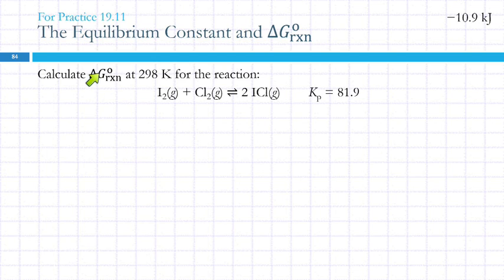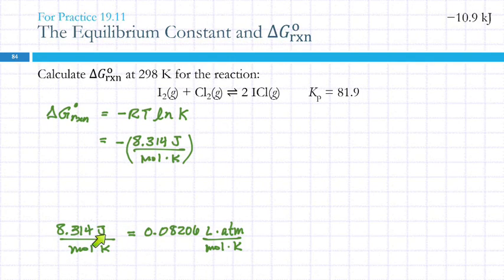Calculate the standard free energy change at 298 for this reaction, and they're giving us the equilibrium constant. So we're going to use that equation I just wrote down. Negative RT natural log of K. The number that you use for R is going to be dependent on which units are going to work out in the equation that you're using it.